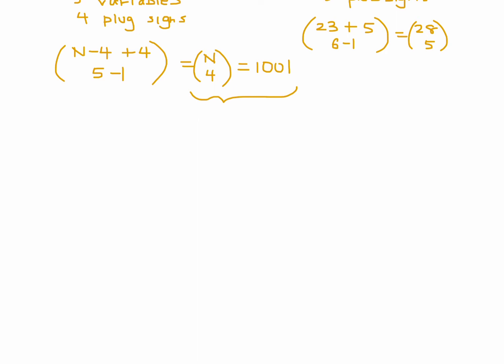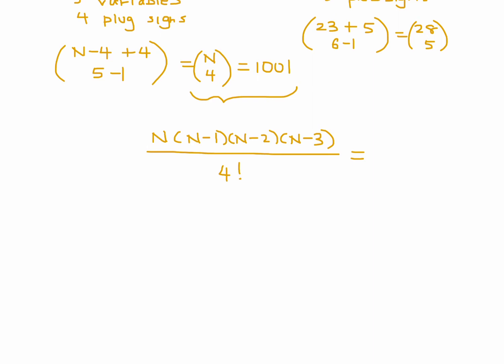n choose 4 is equal to 1001. Okay, well, that would be n times n minus 1 times n minus 2 times n minus 3. And then the n minus 4 would cancel, but then you'd still have that 4 factorial at the bottom. And this is 1001. But instead of 1001, I want to write it in prime factorization.